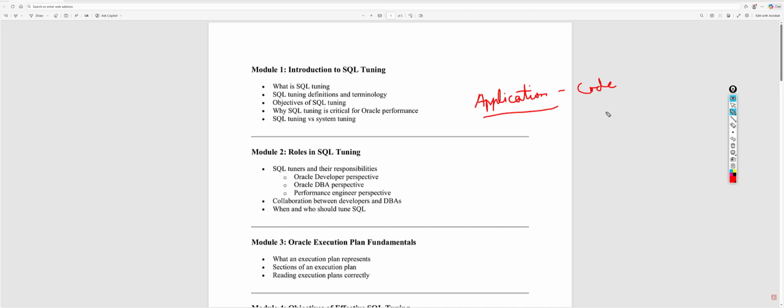If they are completely into SQL Server, then they may not know how Oracle behaves. In those cases, the code will be hard parsed, and the optimizer has to generate the execution plan multiple times.